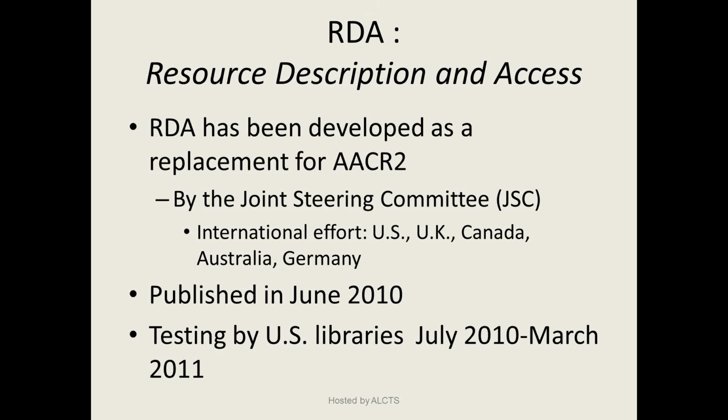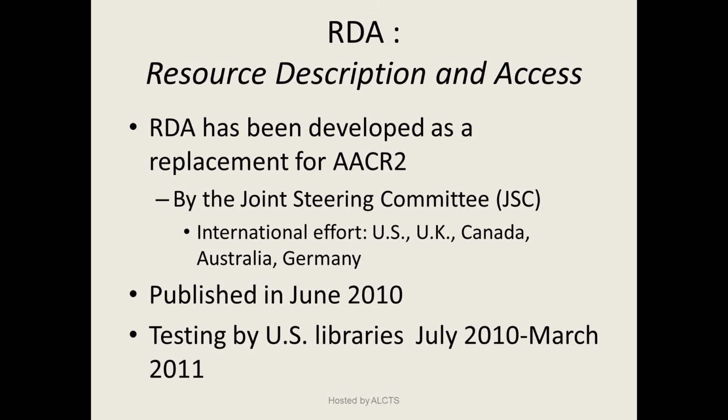Each of these countries has a representative from its national library, for us that's the Library of Congress, and from the national library association, in particular much of the feedback coming from its cataloging committee. So for us, that is ALA's Committee on Cataloging, Description, and Access, or CCDA, and John Attig is our representative from ALA.